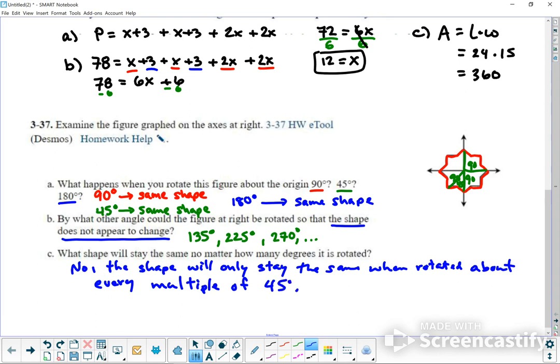Meaning that it has to be multiples of 45: 45, or 45 plus 45, or 45 plus 45 plus 45.